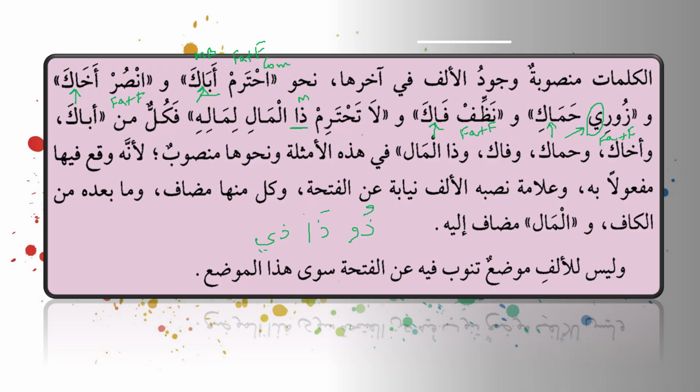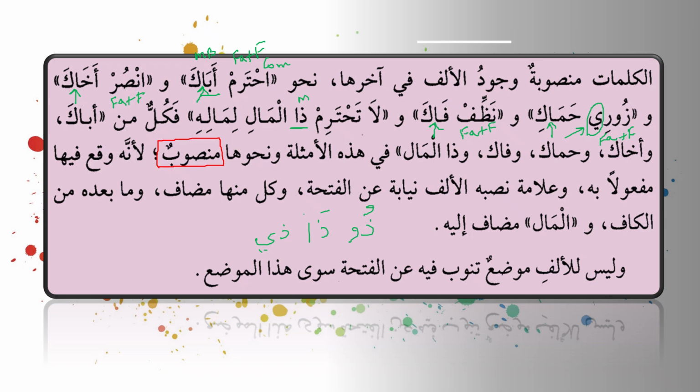Fa-kul min abaka, akhaka, hamaka, faka, dha al-mal. These are all examples of the mansub case. You can see that in all these Asma ul-Khamsa, it is showing its position by alif, and that's why we can make out that these are all in the mansub case.